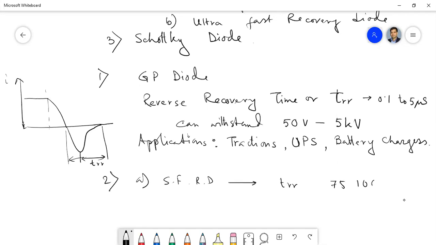It's very fast. And the ultra fast recovery diode has a TRR that varies from 25 to 50 nanosecond. So this is the difference.